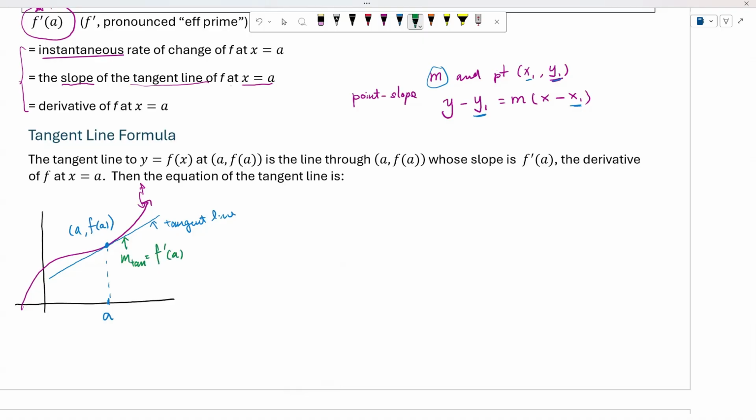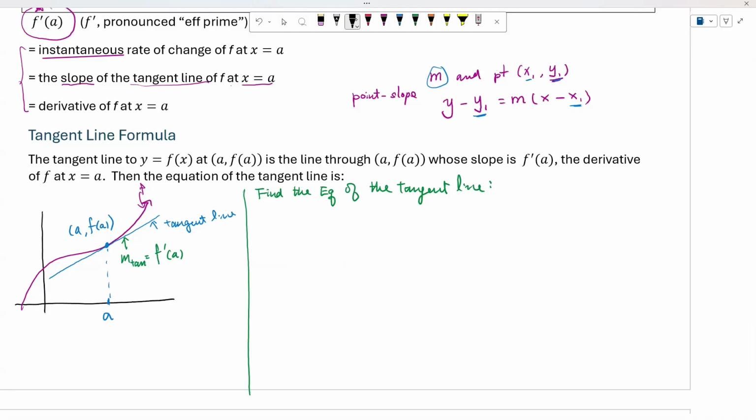If we know all of this information, and I want to find the equation of the tangent line, how do we actually do this? First, we need to gather all the information.